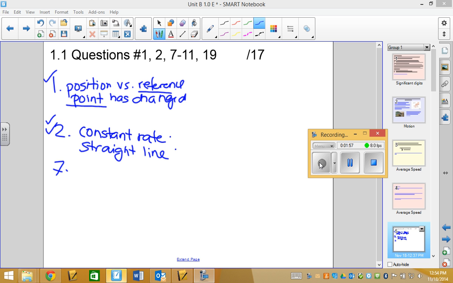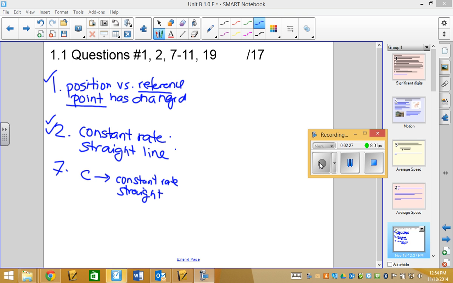So in your answer to number 7, no matter which one you chose, if you said it's because the thing is going in a straight line, or it's because the object or the person is traveling at a constant rate, that would be good support for your answer. I will tell you that I think C is the best answer, and I'll tell you why. I think C is the closest to going at a constant rate in a straight line.